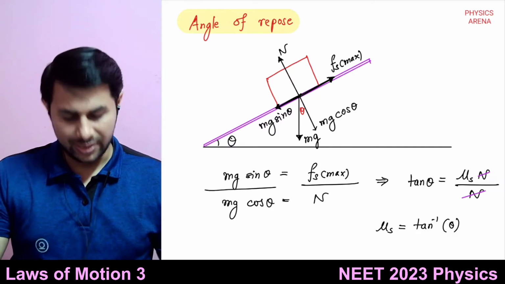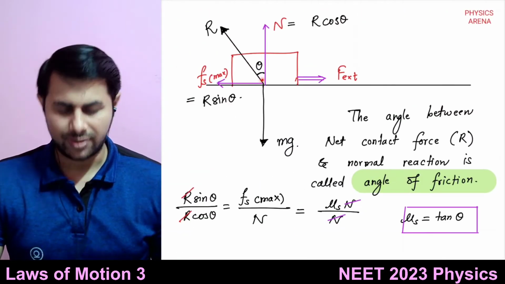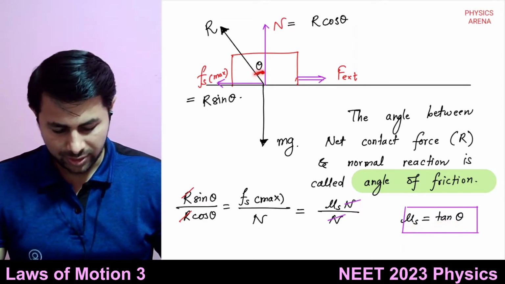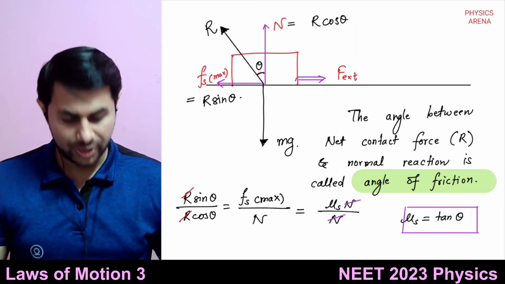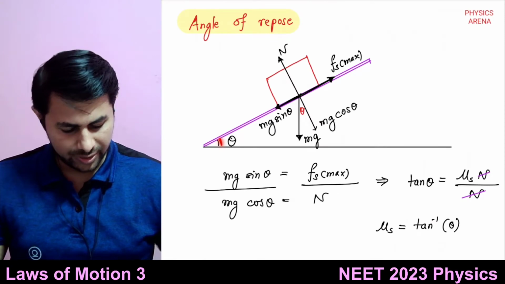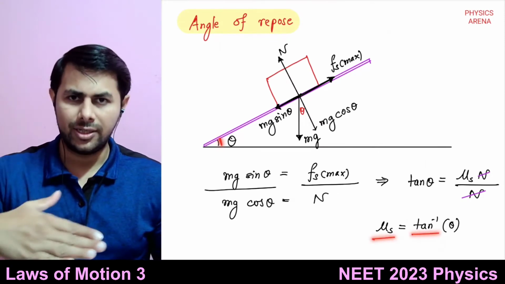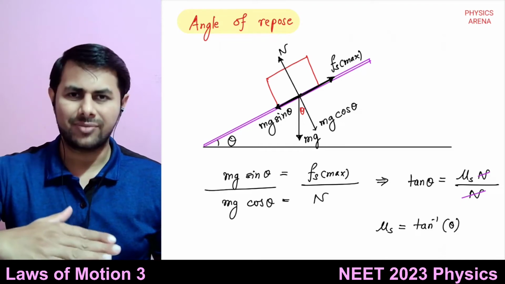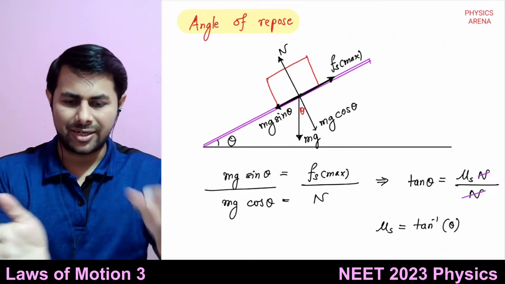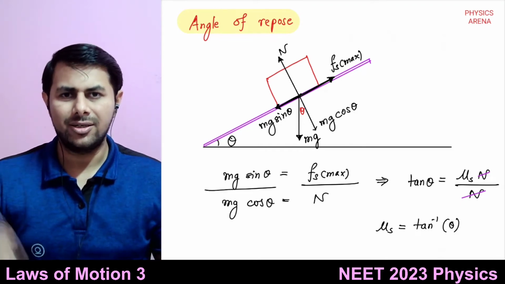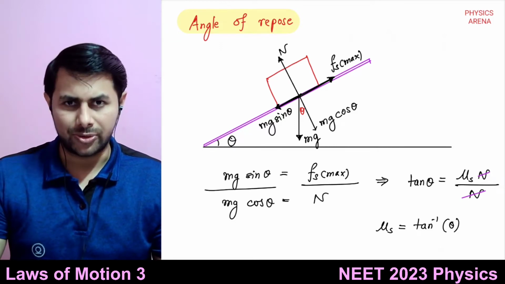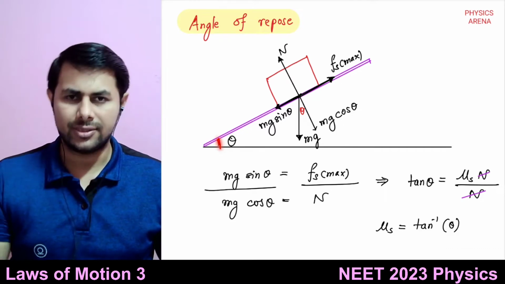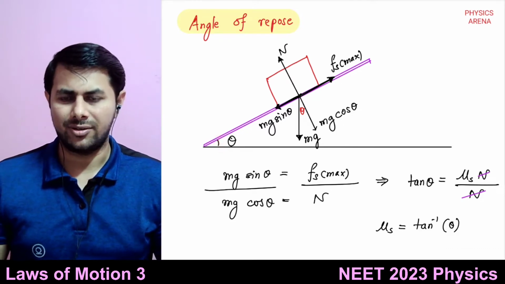And you can say it is equal to the angle of friction, because mu s is equal to tan theta. So this theta in this case is angle of friction, and here you can find mu s using this plank and block method. You can rotate the plank and your block begins to move at some angle. That angle is known as angle of repose or angle of sliding.